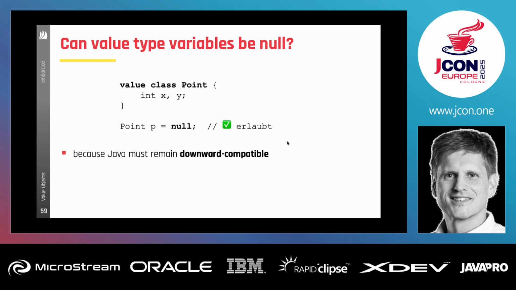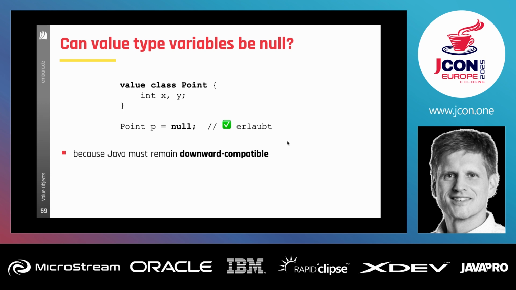Java is famous because we can still run Java code which was written 30 years ago, at least if it doesn't use applets and the security manager, but if it's normal Java code, we can still use it.